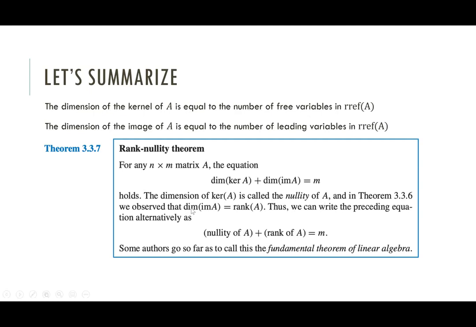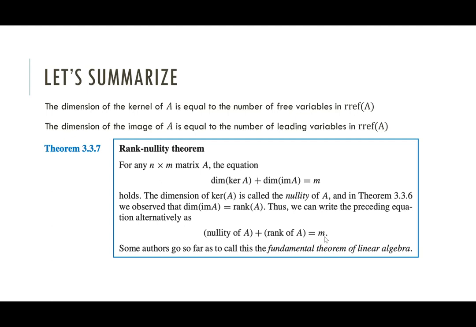And then we already saw that the dimension of the image is just going to be the rank. And so sometimes this equation, which we will really talk about in class and use a lot, can be rewritten as the nullity of A plus the rank of A equals m. And that's why it's called the Rank-Nullity Theorem.